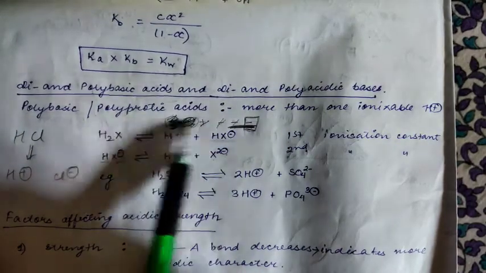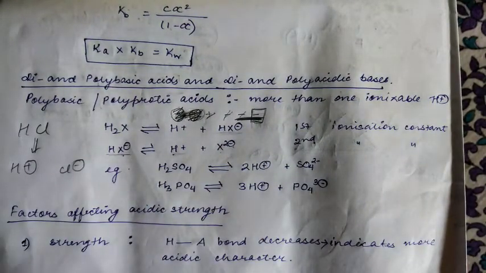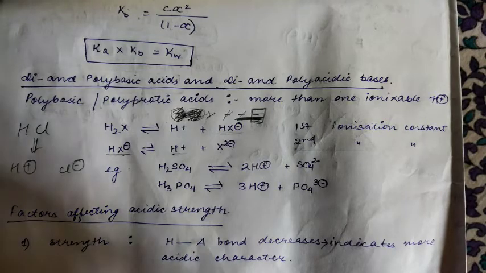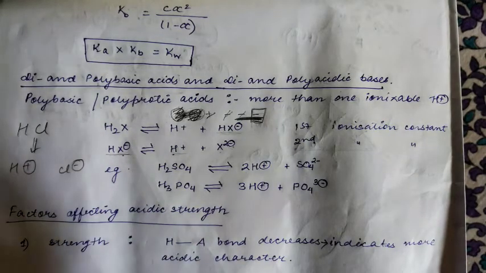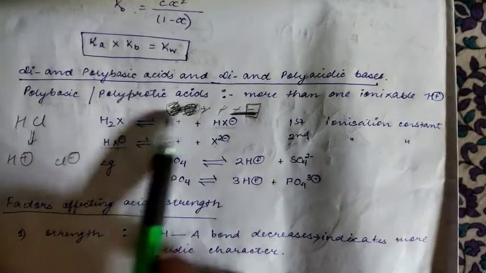I hope this is clear to you all. Neutral means the positive and negative charge is equal, and if you remove positive charge from a substance, it will become negatively charged, and if you remove negative charge it will become positively charged. So this is the whole concept.